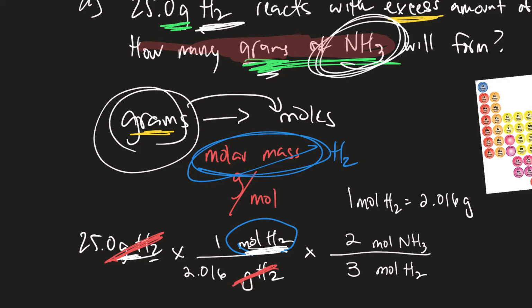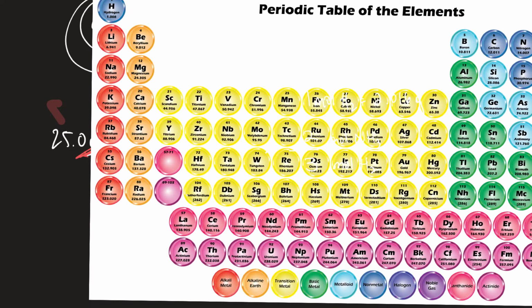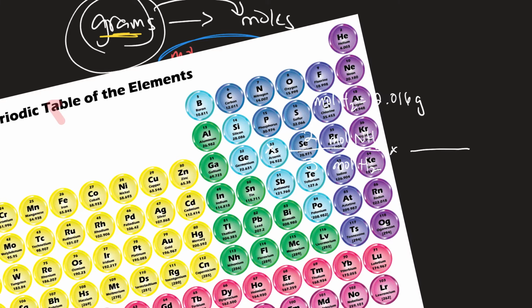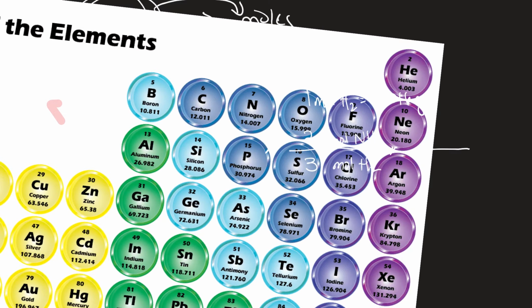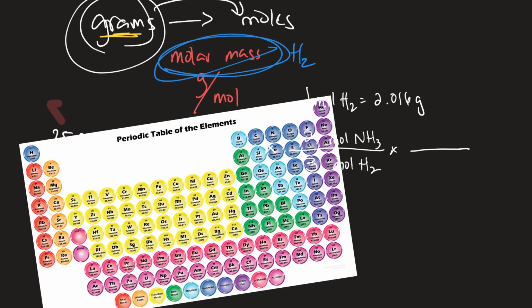Okay, so now that I know how many moles of NH3 I got, now I have to convert this to grams of NH3. Okay, and so what you want to do is you go to the periodic table and you figure out the molar mass of NH3, N and H. So nitrogen is here. Nitrogen has the molar mass of 14.007, while hydrogen has the molar mass of 1.008.